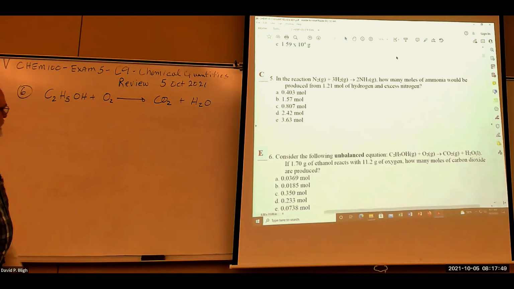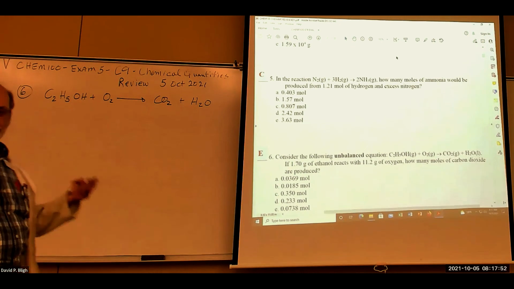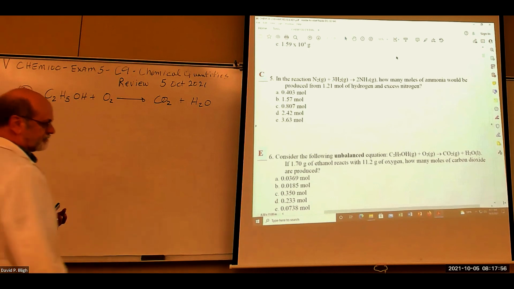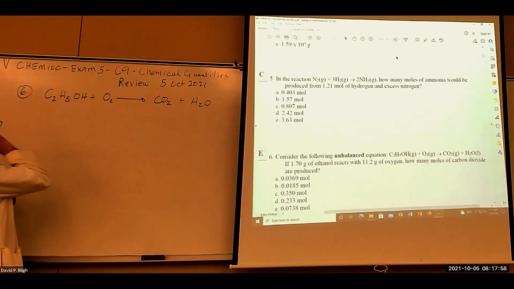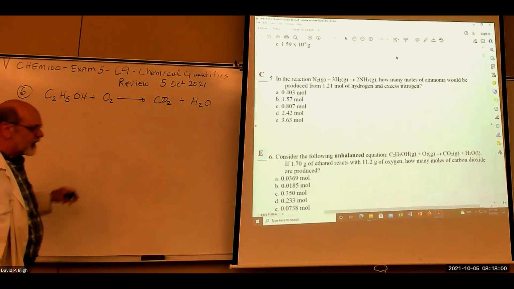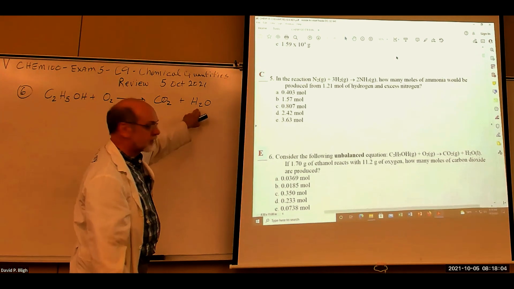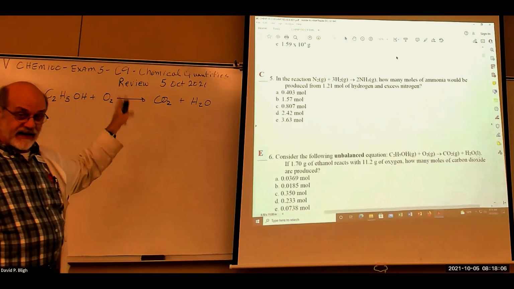With something this big, maybe you want to use the method to balance this equation. Let's see, did I write it correctly? Because if I don't write those things correctly, it'll never balance.